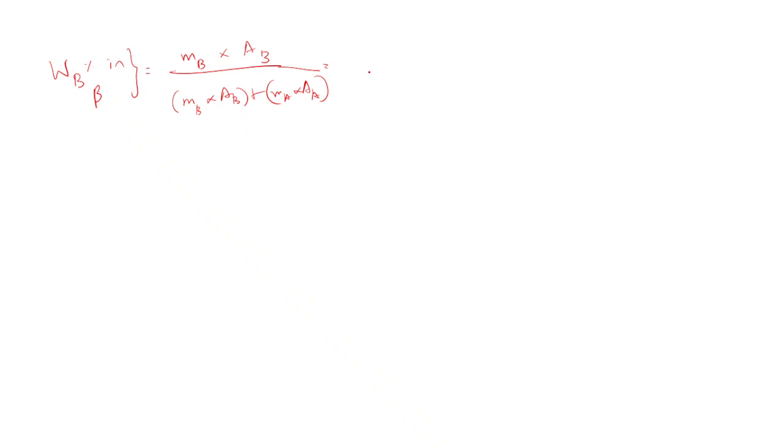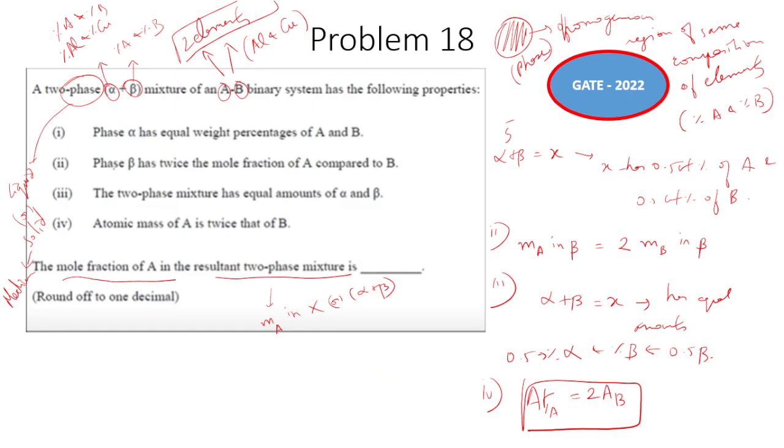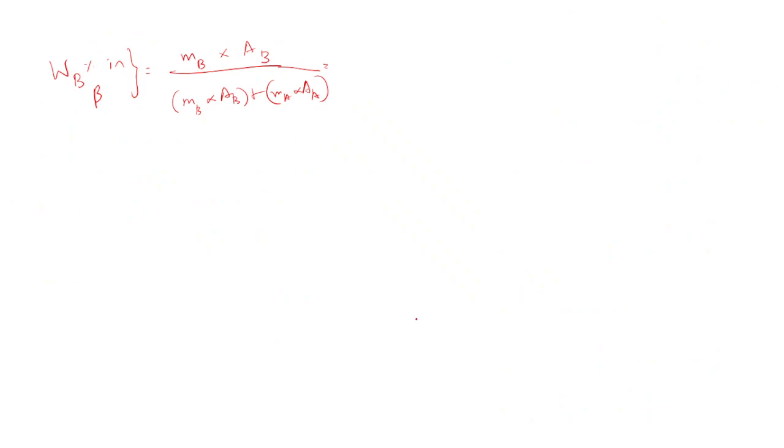We already know from the data that MA is equal to 2 MB in beta, so we will substitute that over here.